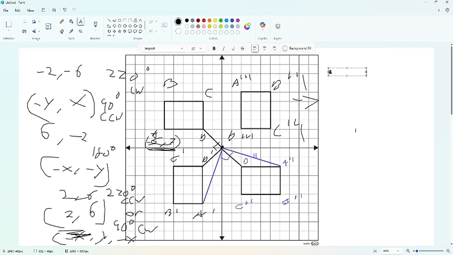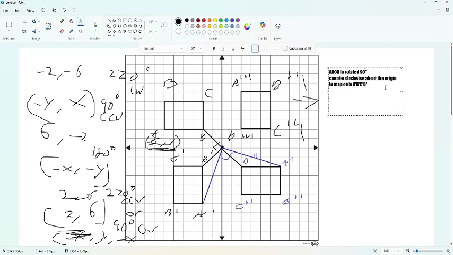Let's say ABCD is rotated 90 degrees counterclockwise about the origin, because that's the center point, to map onto A prime, B prime, C prime, D prime.